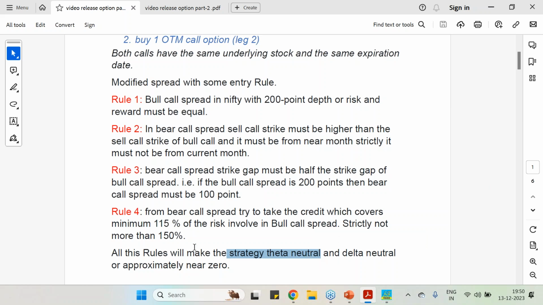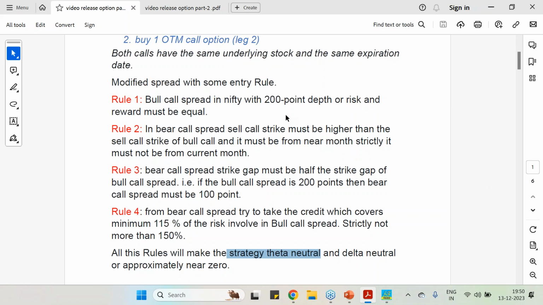How will it become so? By simple observation, if I take this much credit and maintain this type of risk reward, then it will automatically be theta neutral and delta neutral. So when I should initiate, timing should be there. In the first 15 days I should comfortably initiate.